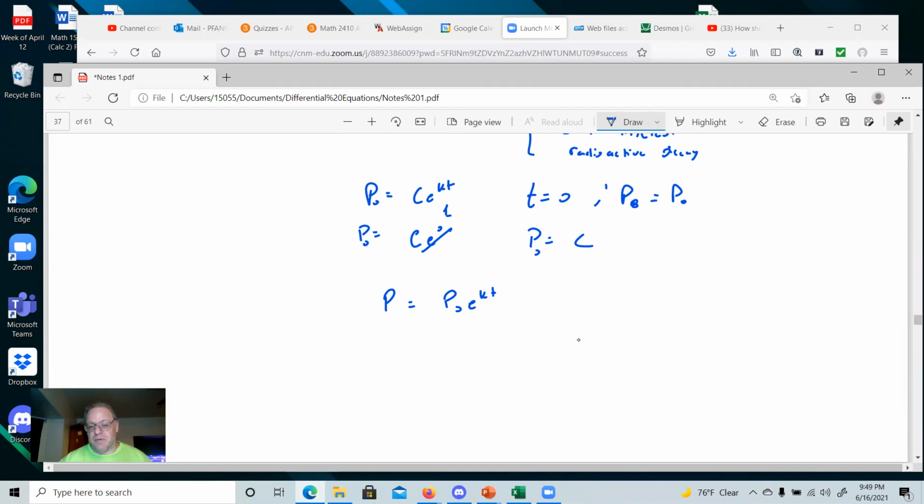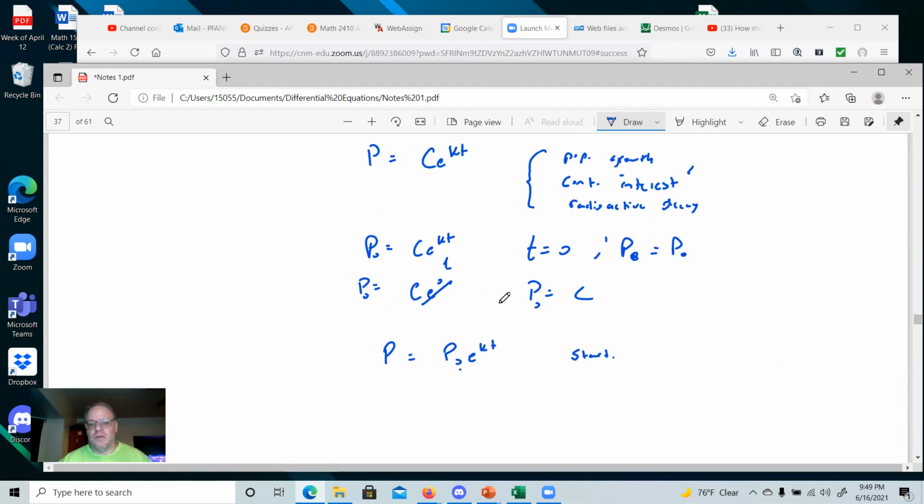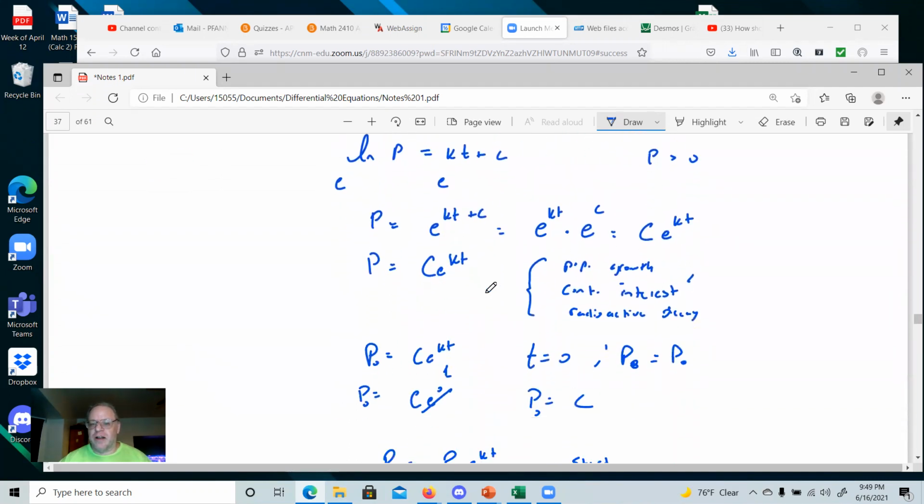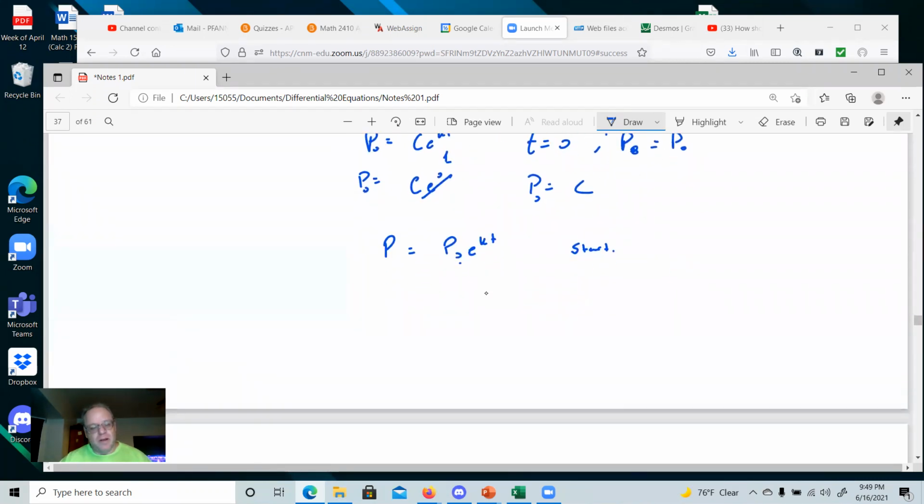So we started with the starting condition. And what else did we get told? We get told that in 1 year, there's 120% of the original bunnies. So when t equals 1, we have 1.2 of the original, 120%, equals P naught e to the k, and then t was 1.